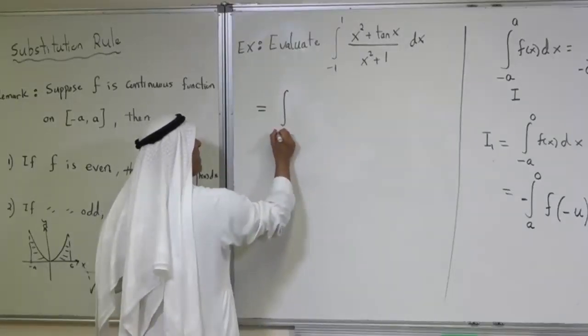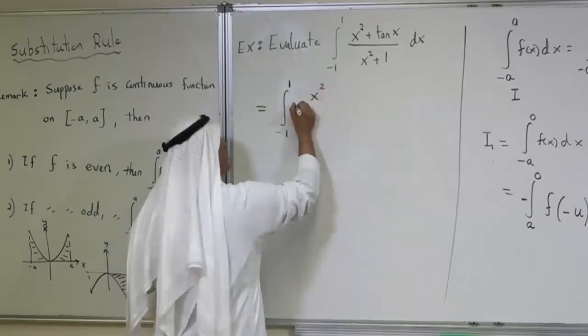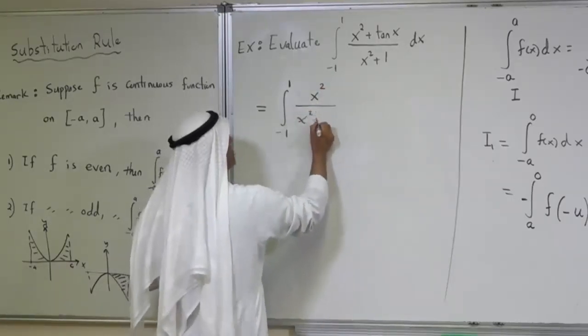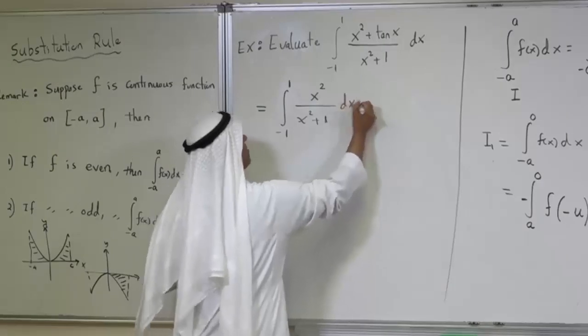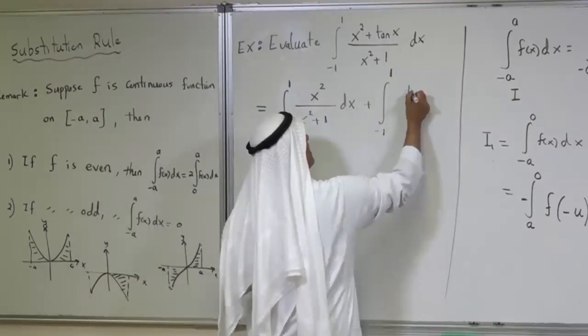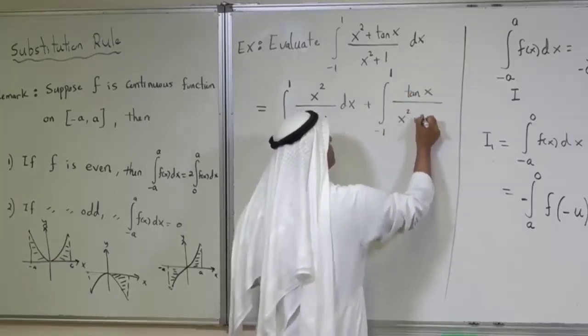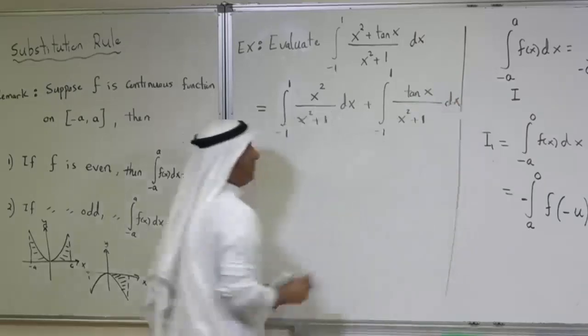You can write it as the integral from -1 to 1 of x squared all over x squared plus 1 dx plus the integral from -1 to 1 of tangent of x divided by x squared plus 1 dx.